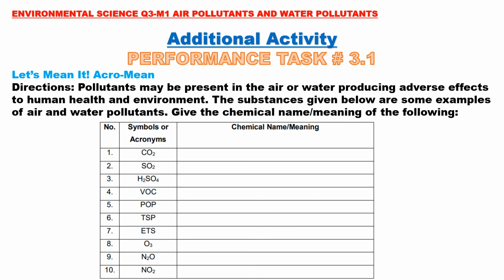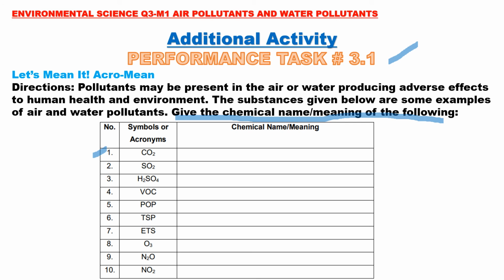For your performance task 3.1, you are going to do an additional activity. Let's mean it: acronym. Direction: pollutants may be present in the air or water producing adverse effects to human health and environment. The substances given below are some examples of air and water pollutants. You are going to give the chemical name or meaning of the following symbols or acronyms.